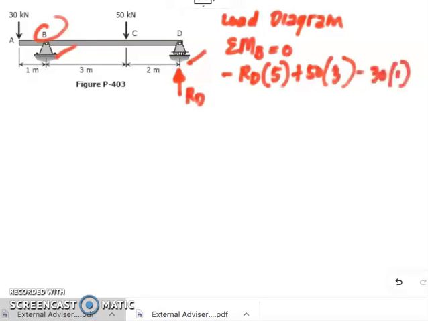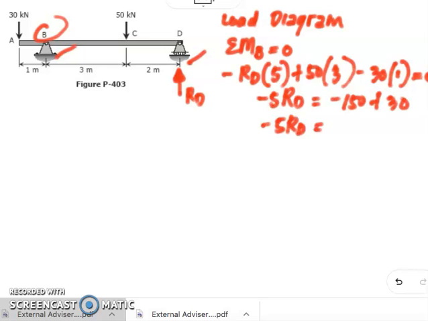Simplifying, negative 5 R sub D is equal to negative 150 plus 30, which is negative 120.